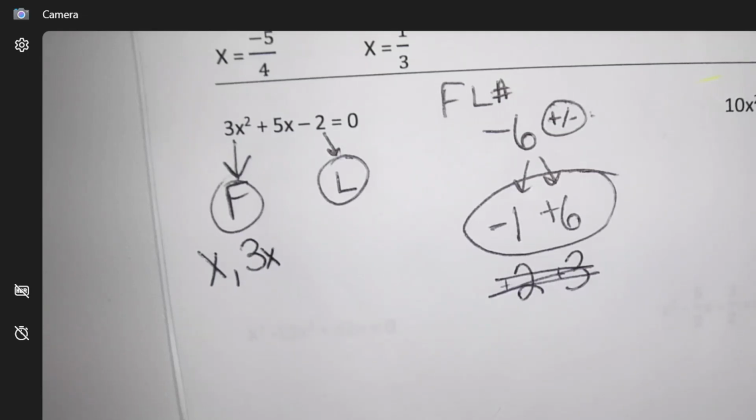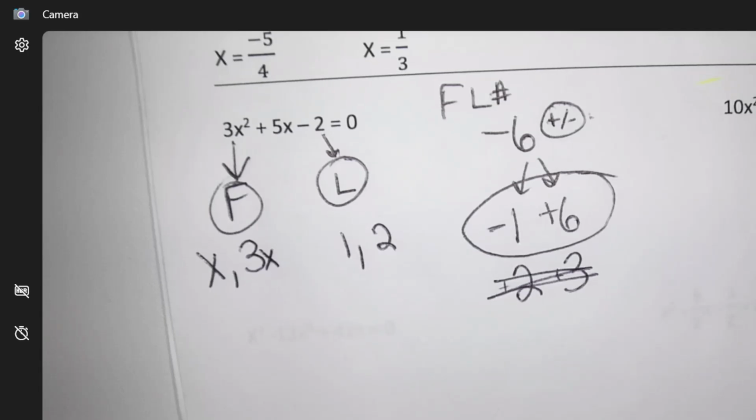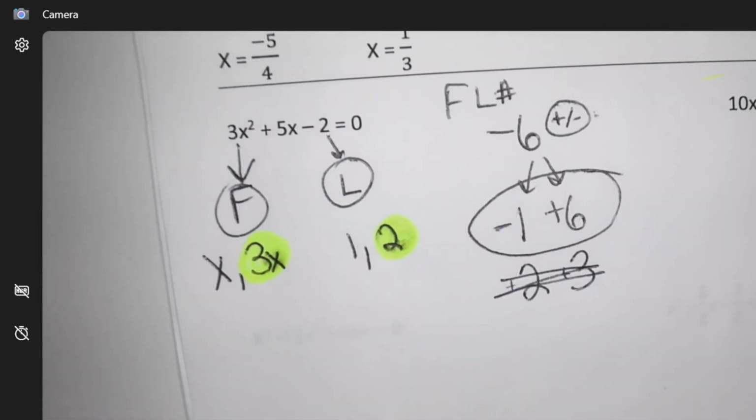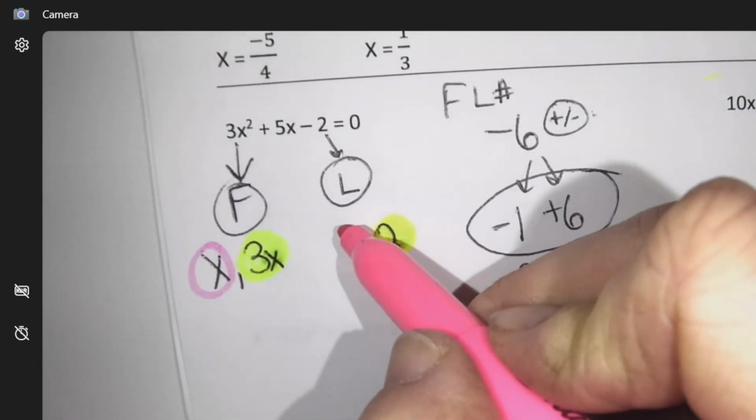What's the multiples of L? 1 times 2. That's it. Not many options. Okay. Partnership time. This is the puzzle. What are you going to put with what to make a 6? Does that make 6x? And then what are you going to put with what to make a 1x?